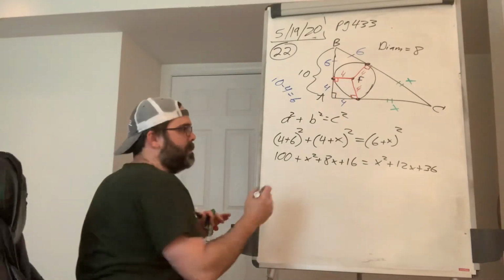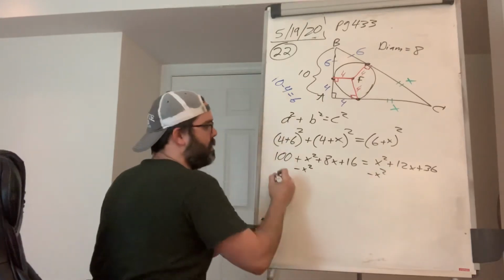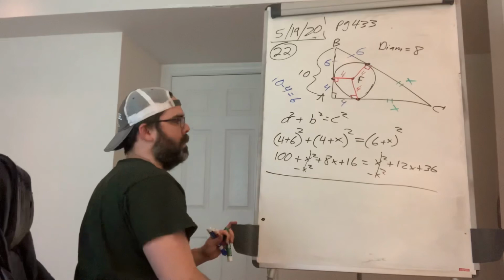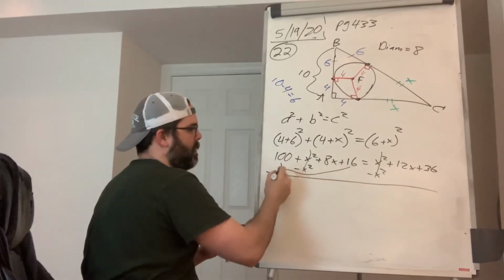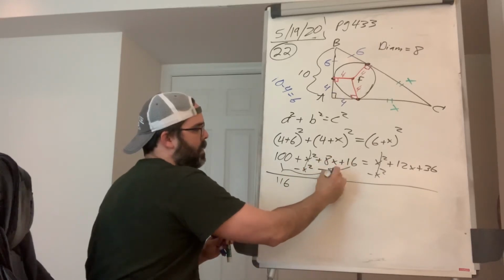I'm going to start by subtracting x squared from both sides. And those x squareds go away. I'm going to combine 100 and 16 to get 116. And I'm going to subtract 8x from both sides.